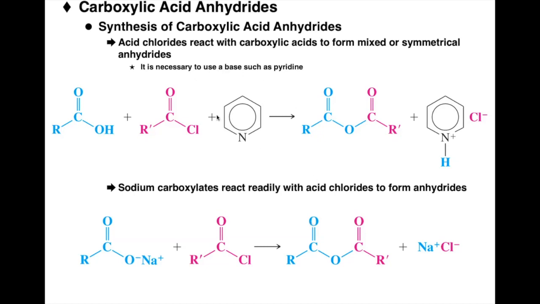So here it's necessary to add a base such as pyridine. So pyridine simply acts as the base kasi we need to abstract this proton here. Okay. Why do we need to abstract this proton? So that it becomes a better nucleophile. Okay.